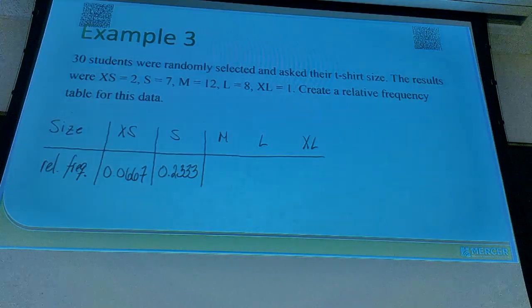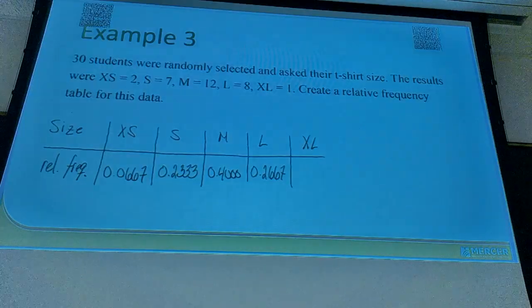Medium, exactly 0.4. Large, 0.26 repeating. Extra large, 0.03 repeating.